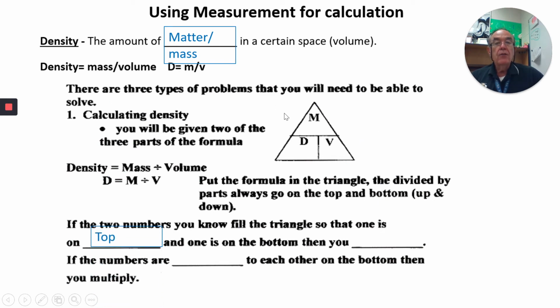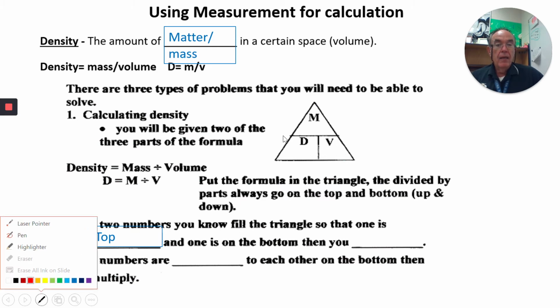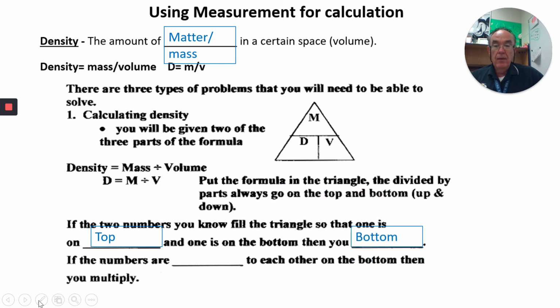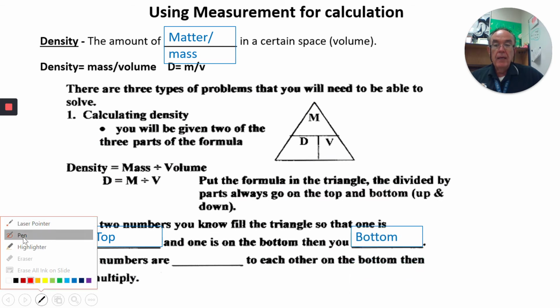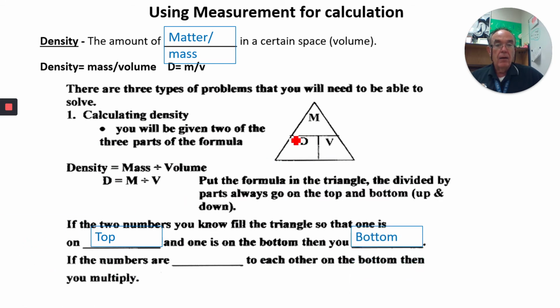Now, we're going to use this triangle all year long. Okay? And what we're going to find out is that we can put any formula like this into the triangle. And we're going to put the formula in a triangle so the divided part, the mass divided by volume, is on top and on bottom. This bar in the middle is going to be like a fraction bar.